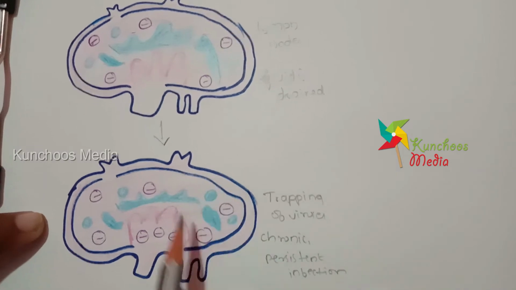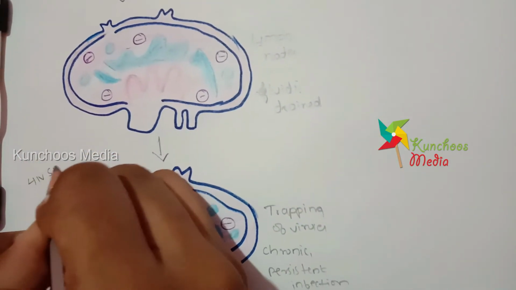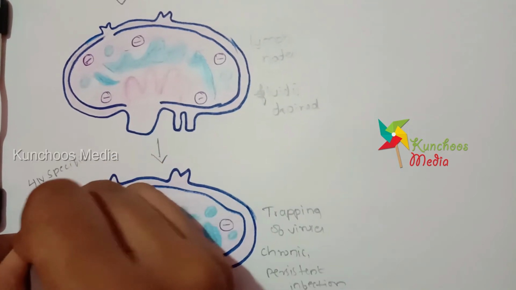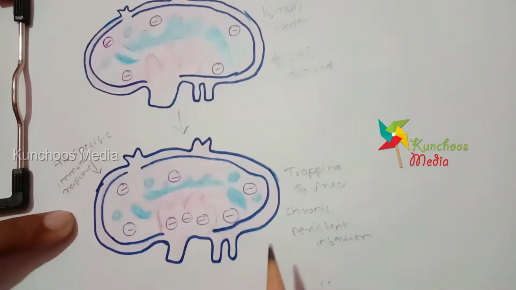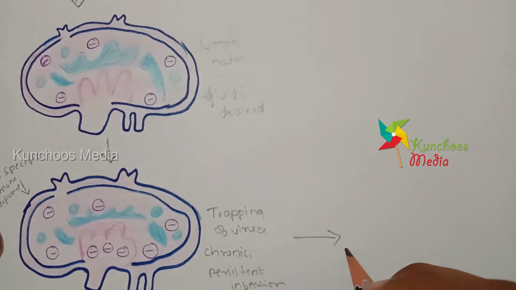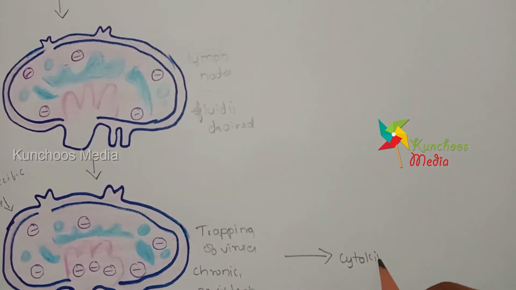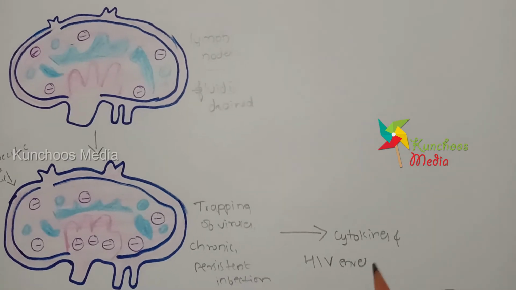When there is infection here, of course our immune system detects it, and there is an HIV-specific immune response. This immune response is mediated by our cytokines and also by HIV envelope-mediated cell signaling.